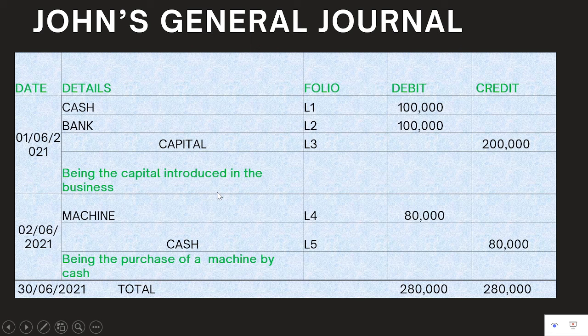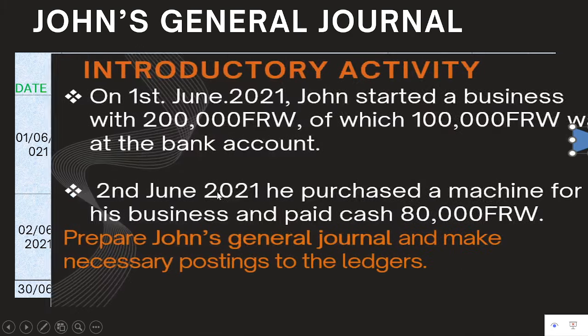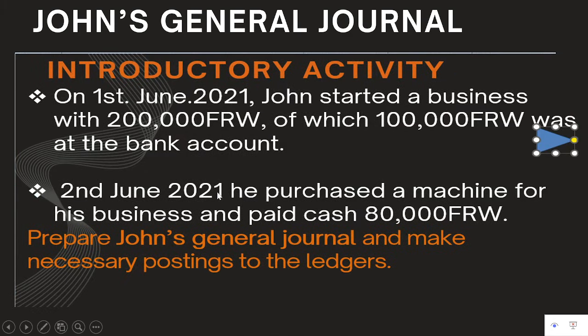Here is the correction of our introductory activity. The question states, on 1st June 2021, John started a business. When we are starting a business, remember any asset that you use to start a business forms a part of the capital.